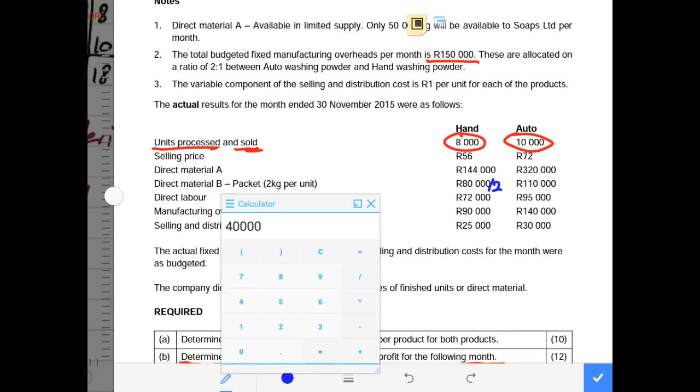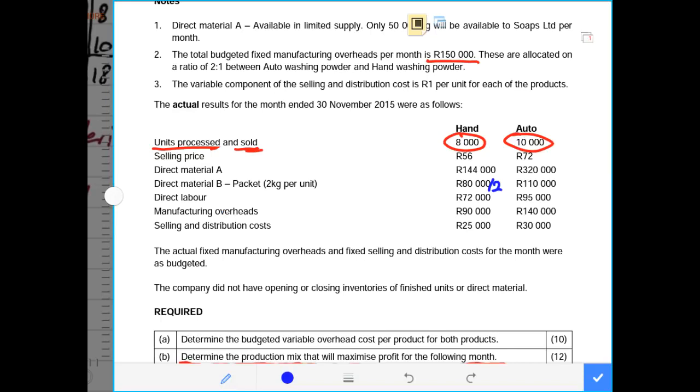But I'm not looking for the kgs, I'm not looking for this total 40,000, but I'm looking for the cost per kg.